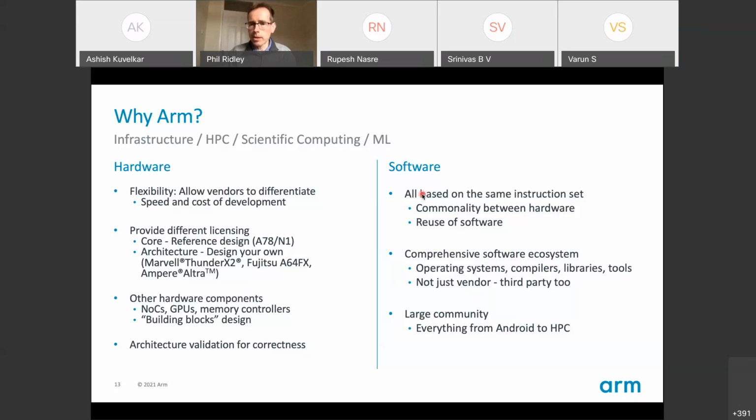We're very active in the open source community, in the research community. So it is a community driven effort. And that community spans everything from your mobile phone or device sector up to HPC. So there's a lot of work going on with ARM, both on the hardware and the software side.